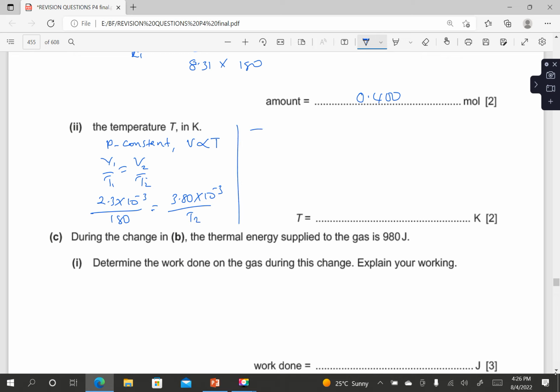So multiplying, T2 is going to be 3.80 times 10 power negative 3 divided by 2.30 times 10 power negative 3, times 180. When I press my calculator, this is 297 Kelvin.